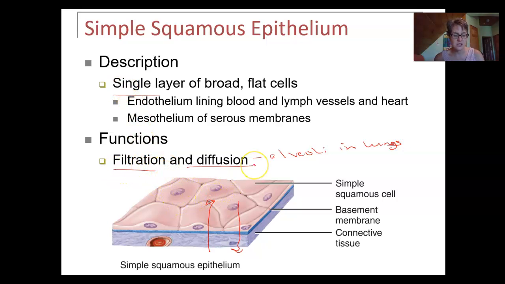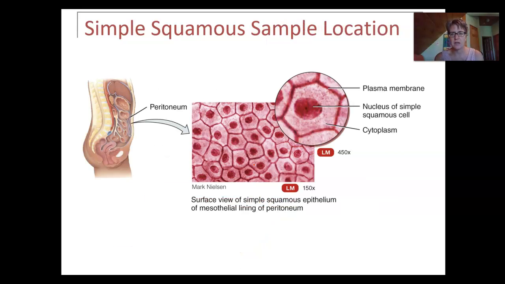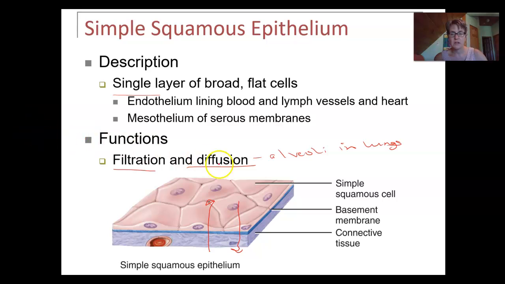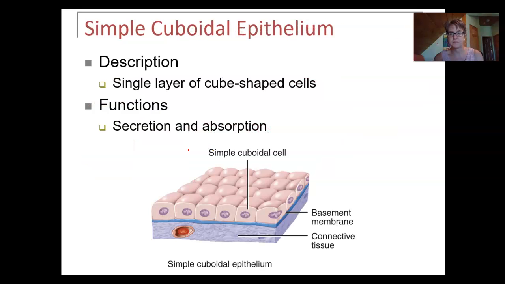And again, in filtration, things pass across me. Oh, in the peritoneum. Okay, I don't like that location. I like talking about the alveoli in the lungs, where oxygen will diffuse across the single layer into the blood vessel. And then even carbon dioxide will diffuse across into the alveoli. I'm just going to go with that.